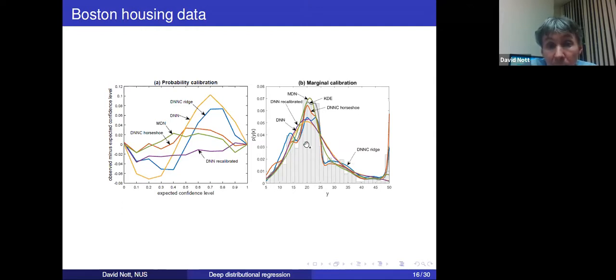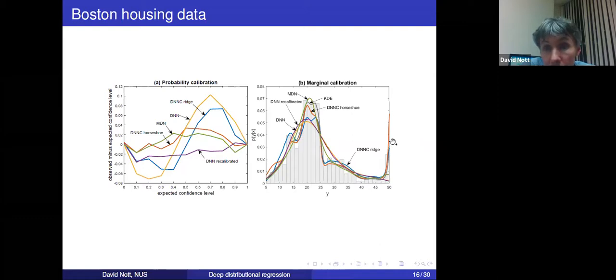The plot on the right here is examining marginal calibration. Here you want to see whether the average forecast distribution, the average predictive distribution, is similar to the marginal distribution for the response. We have the same methods. The bars are a histogram for the observed response values. We've also got a kernel density estimate, that's the gray line.